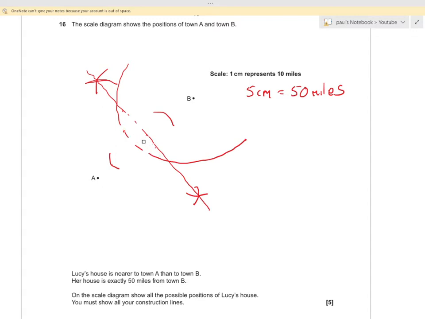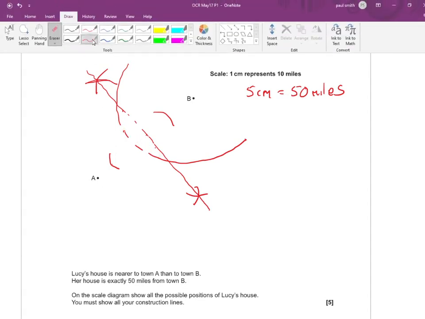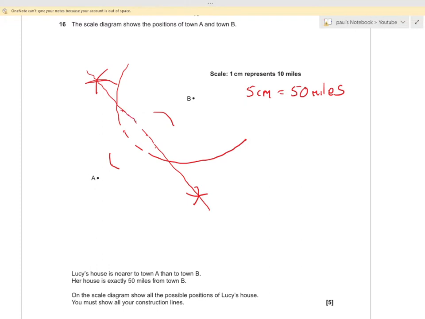Oh, read the wording of these. Now, if it's exactly 50 miles from town B, but nearer to A than B, it's got to be here.